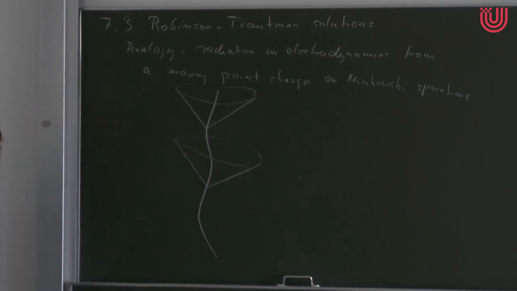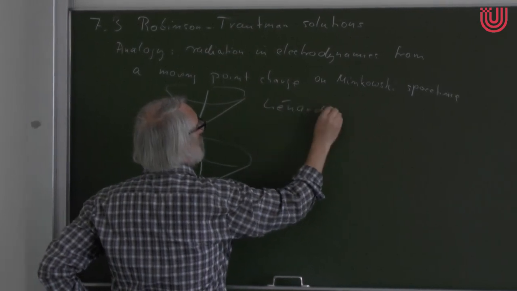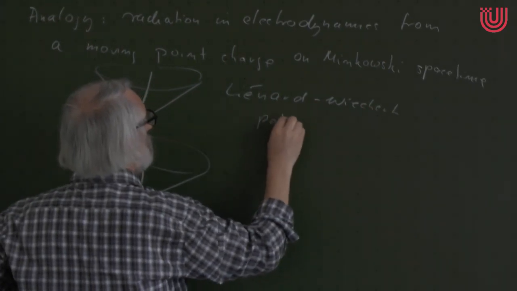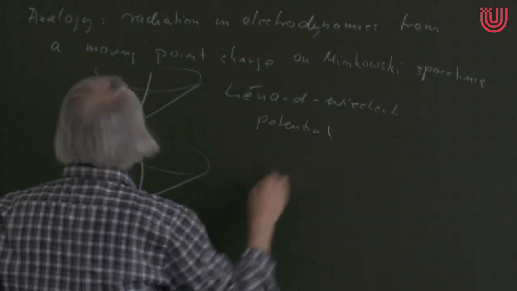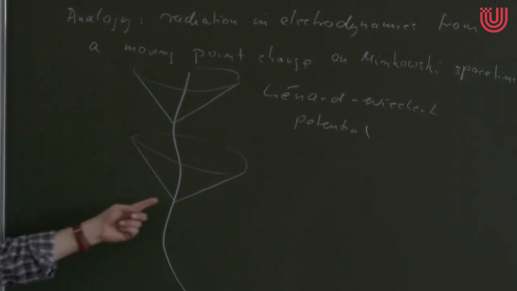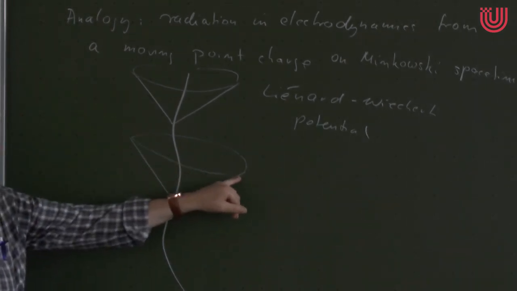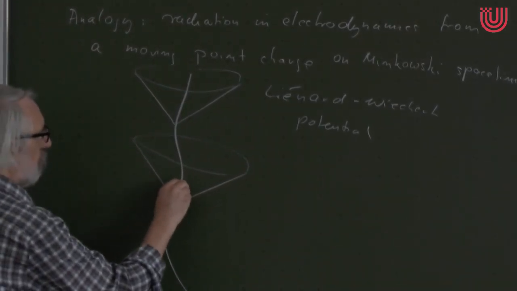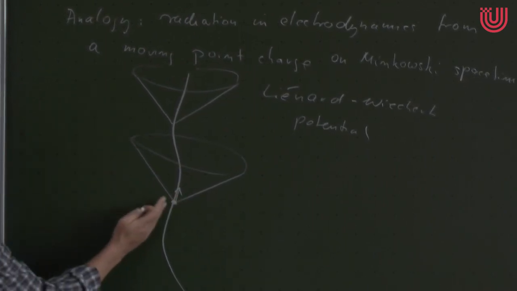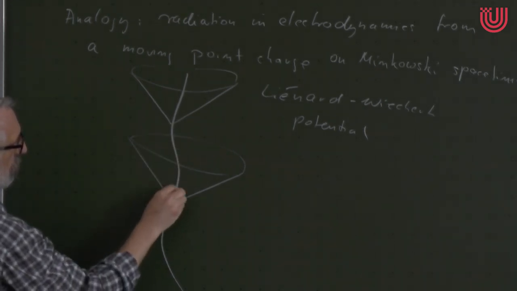And the Liénard-Wiechert potential is the electromagnetic field which is produced by this moving point charge, and it can be written down analytically, really, by considering first the Coulomb field produced by a point charge which is at rest with a momentary velocity of the charge.